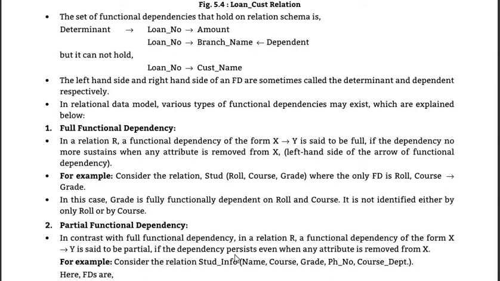Because the roll number can be the same for different courses, but the courses will be different, we call grade fully functionally dependent on roll number and course. Are you getting the example of full functional dependency? In short, if the functional dependency no more sustains when any attribute is removed from X, then you can call it a full functional dependency.